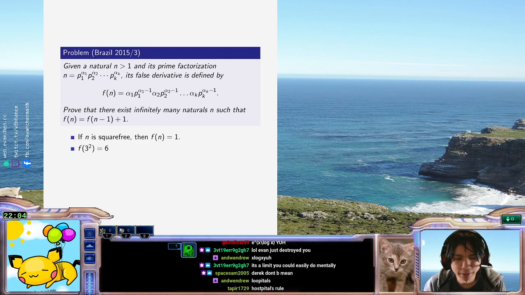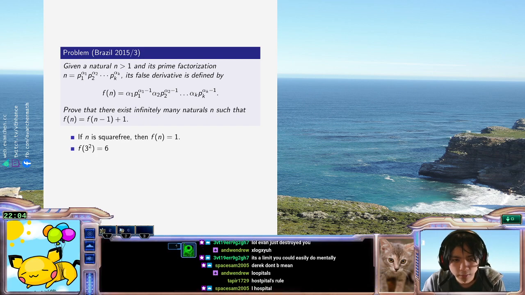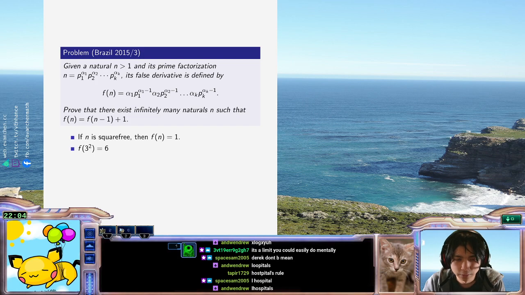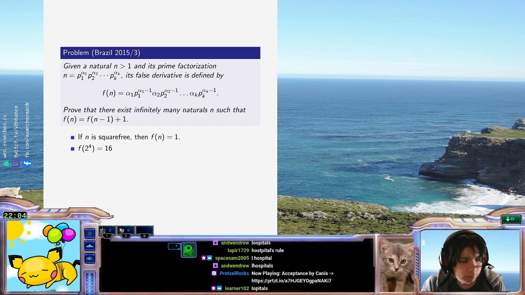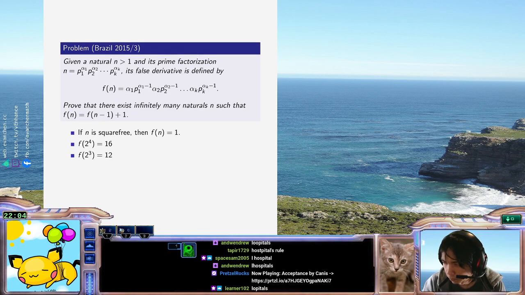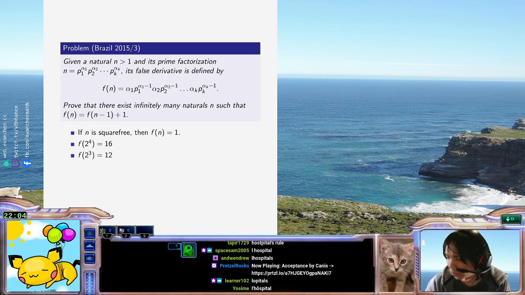Like 8, well, 8 and 9 work. f of 2 to the 4 is 16. Crap, I was hoping it'd be equal to... f of 2 cubed is equal to 12. I just need one example. No, not even one example.